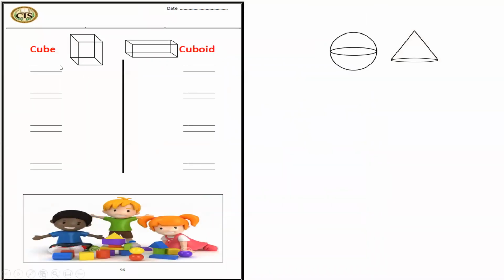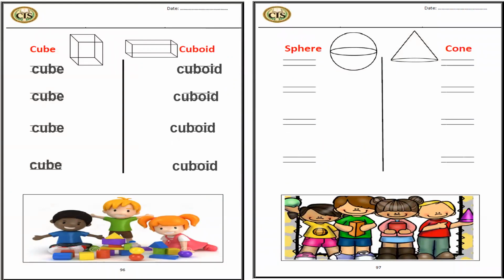Now let's learn how we write the names. How can we write cube? C-U-B-E. And how can we write cuboid? C-U-B-O-I-D. Then sphere, S-P-H-E-R-E. And then cone, C-O-N-E.